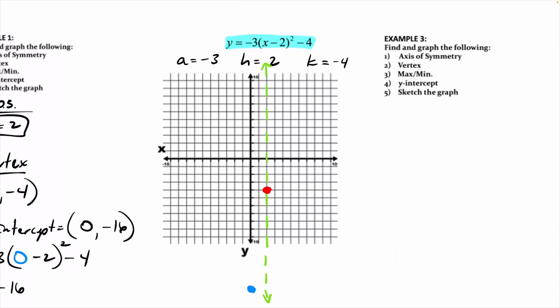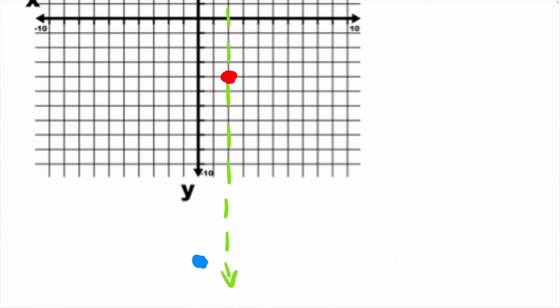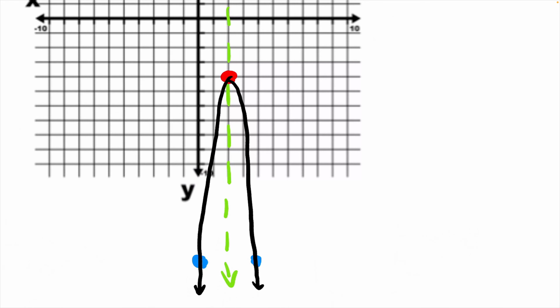What does the green line do? Starts with an R. Reflects. Mirror. So we're going to have another green dot at the same spot on the other side. Connect. Arrows down.